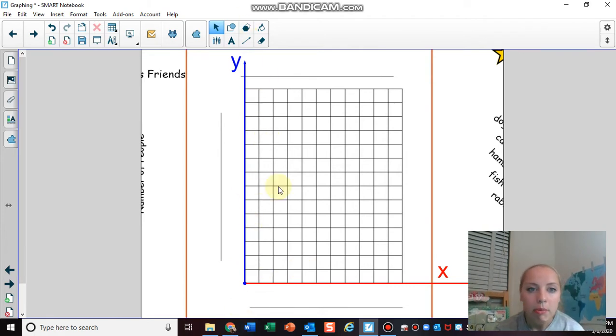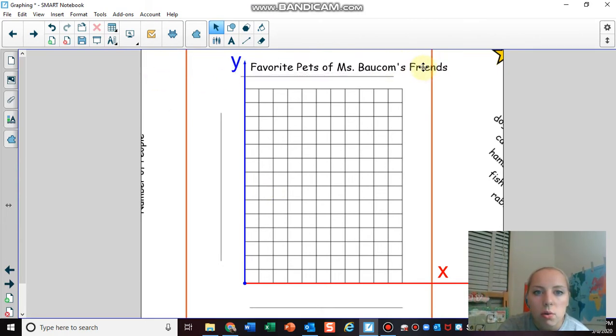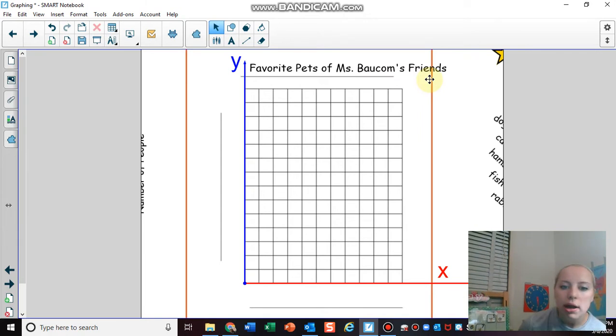Now remember, the first thing we need to do is title our graph. The title will be Favorite Pets of Miss Baucom's Friends, because the sample of people I asked for today's data chart were my friends, and the question was, what's your favorite pet?